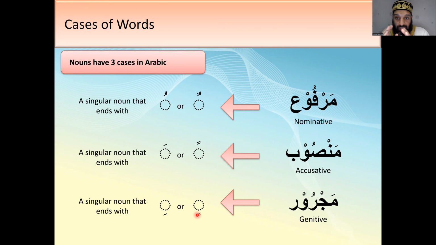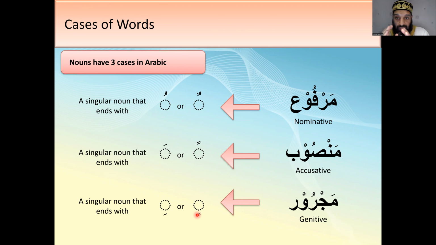So then we did these examples, kitabun, indefinite, marfu, just to give practice. Mansub word. This is a majroor word. This is mansub word. Okay. Marfu again. Majroor. Majroor again. So these were just examples, getting you used to some words and just getting you used to the cases, because you need the case later on.